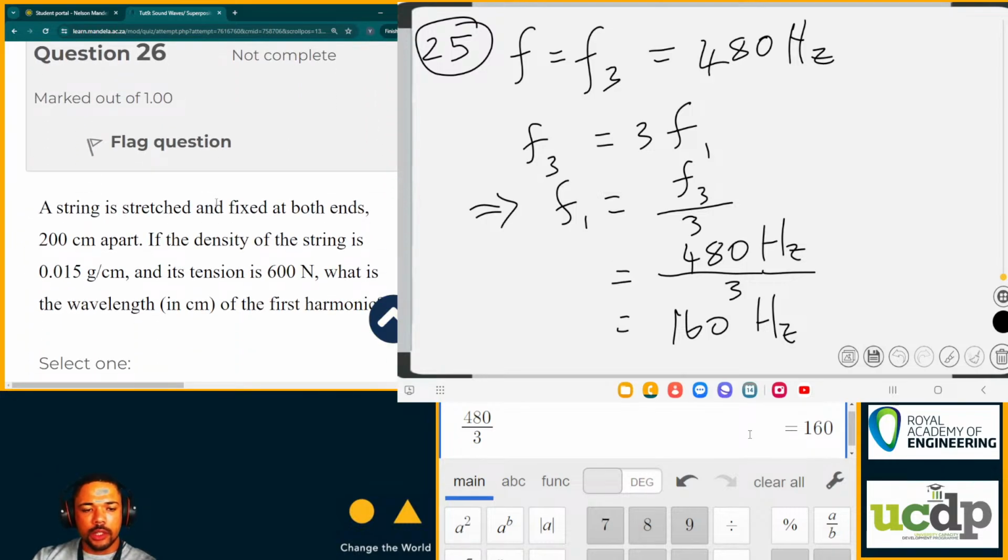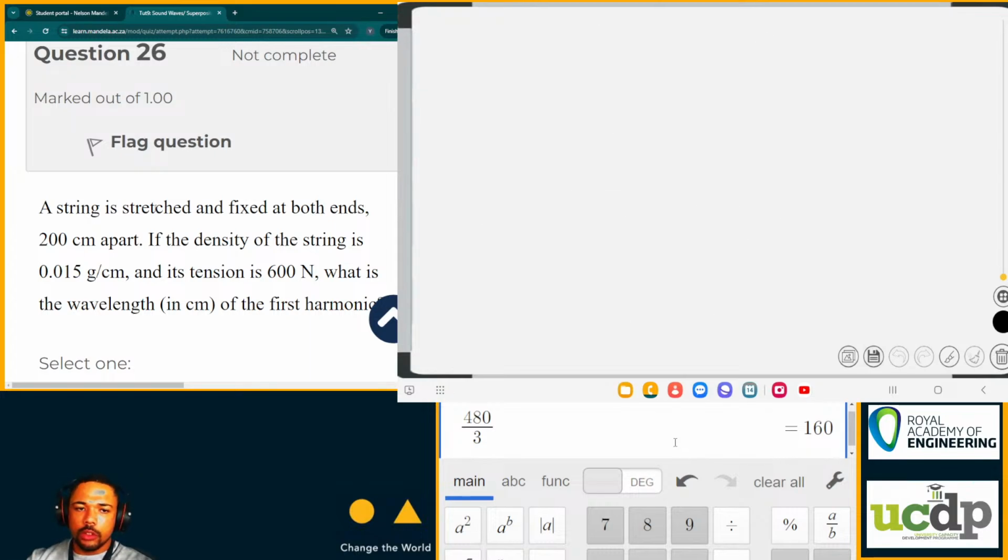Question number 26. There are 2 ways of doing this one, but I'll just tell you the easiest way. A string is stretched and fixed at both ends.